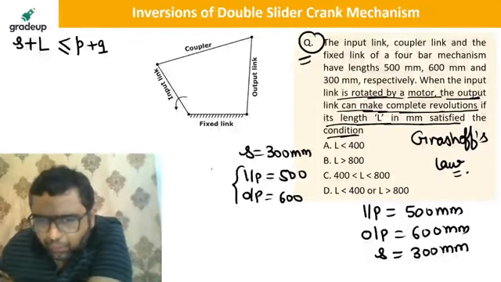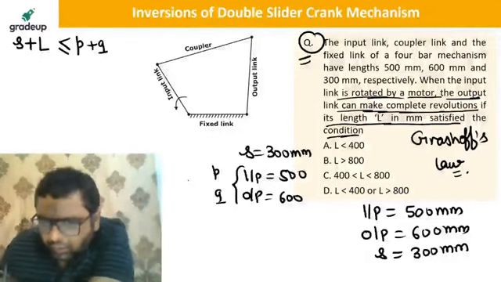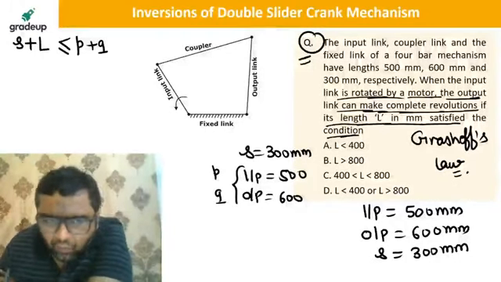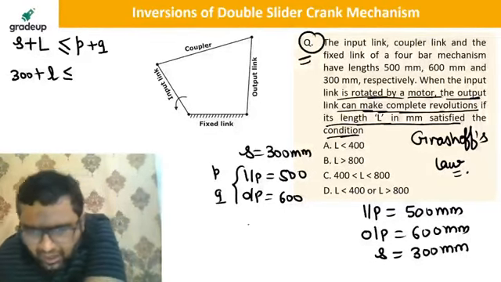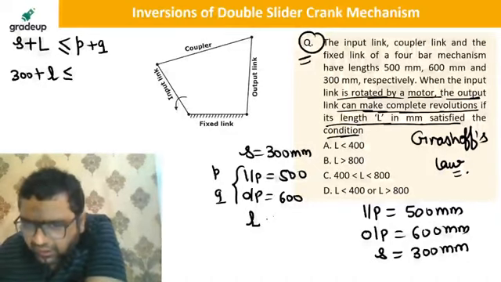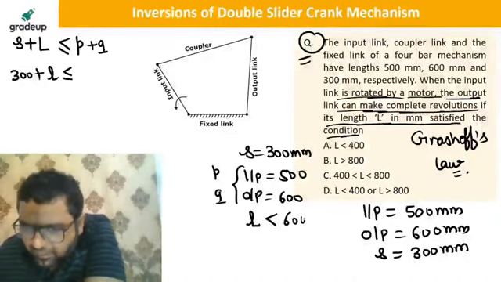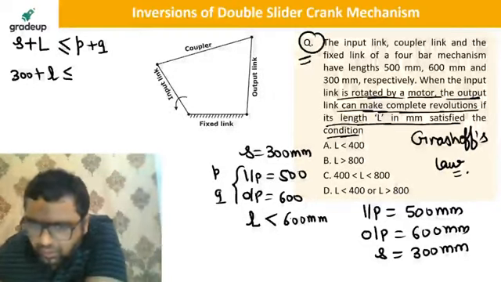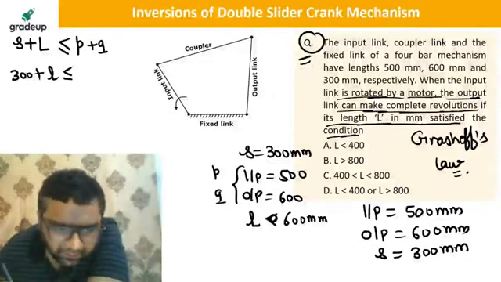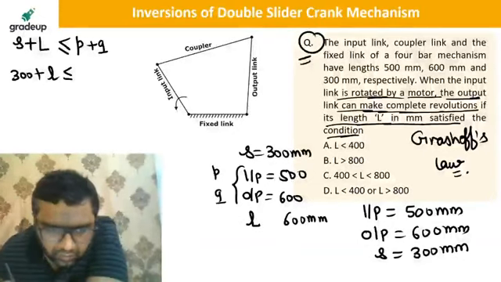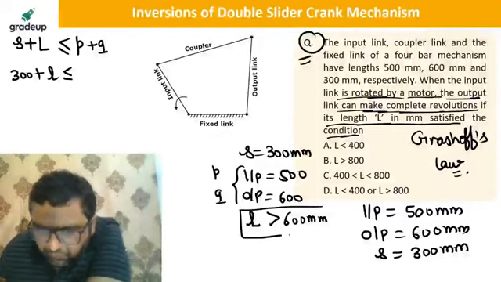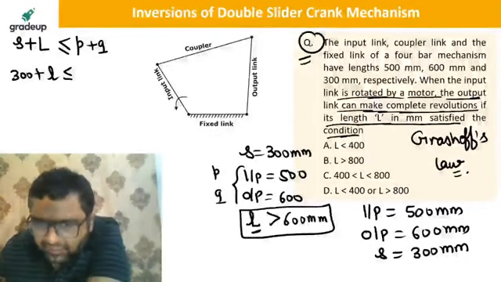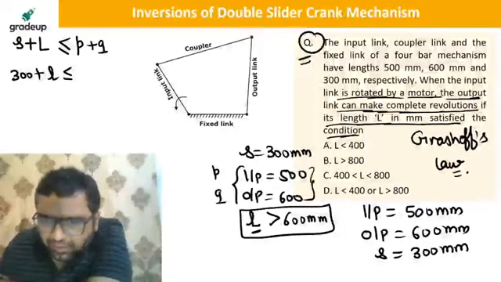So if this input and output link are P and Q, then what can be the values of L? So shortest is 300 plus L less than or equal to, if the fourth link is more than 600 mm, then L will be acting as the longest link and there will be some other two links.